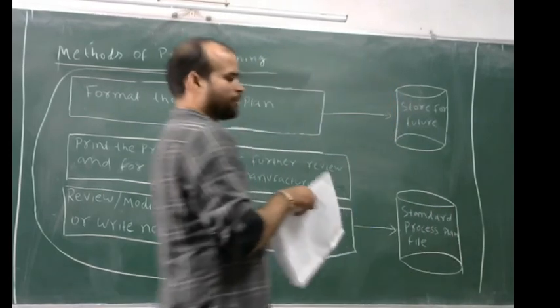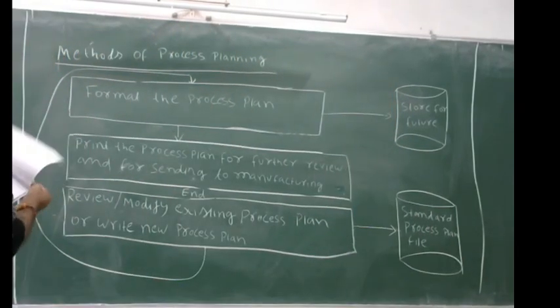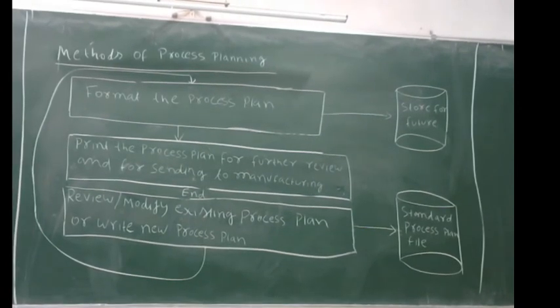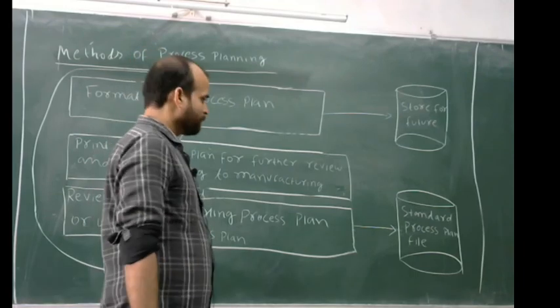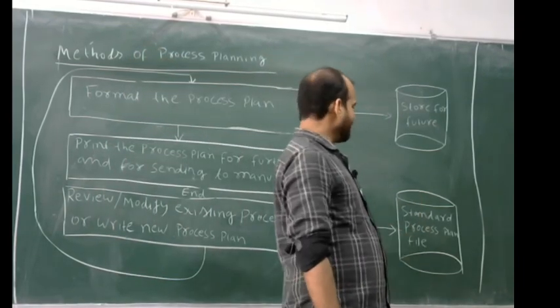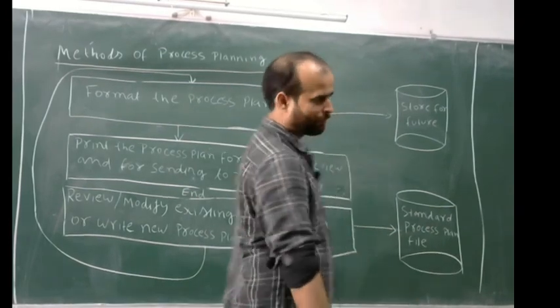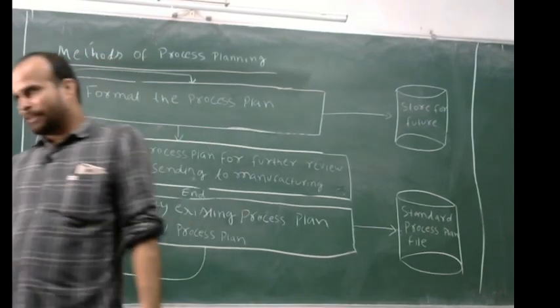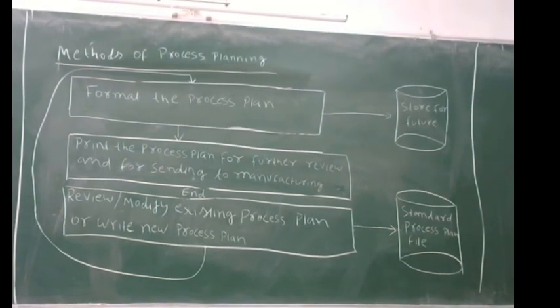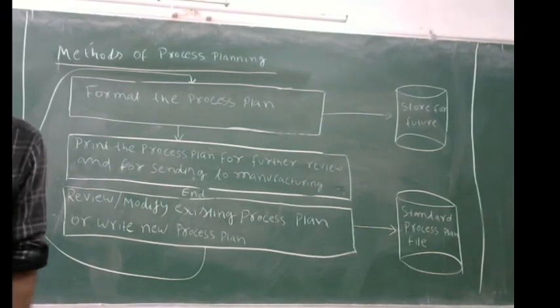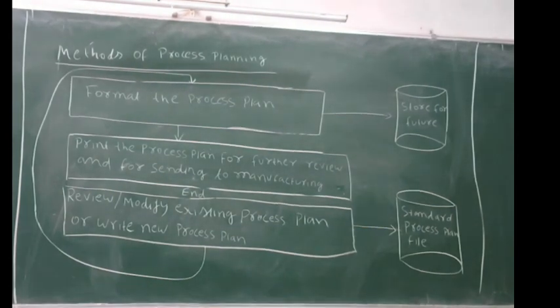The reviewed or modified existing plan, or the new process plan, is kept in the standard process plan file, so that in the future the manufacturing engineer or production engineer can compare the things we used in the past with the things we are using now, and retrieve them or not depending upon the manufacturing engineer.